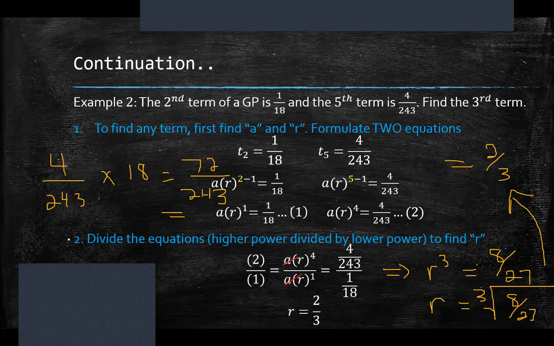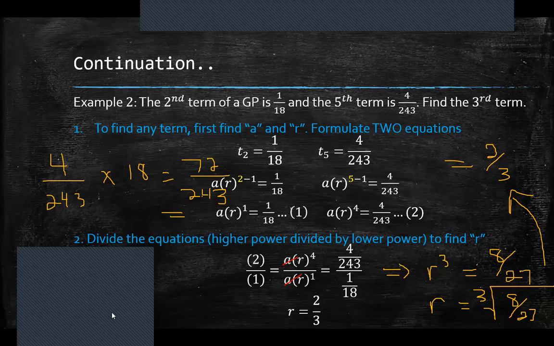And when I find the cube root of it, I get a decimal. What's the decimal that you get? 0.666 recurring.